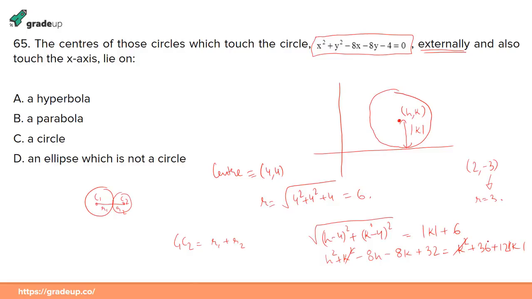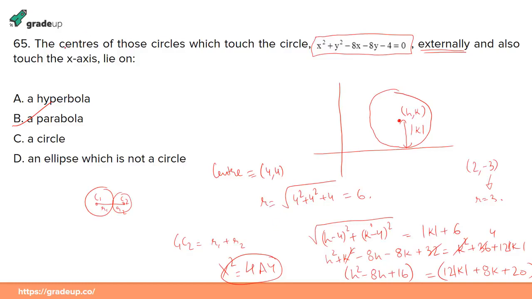Finally I will get an equation looking like this. If I complete the whole square over here by adding 16, I will get 12 times modulus k plus 8k plus 20. And you can see that this is actually an equation of the form x square equal to 4ay, which is the equation for a parabola. So the answer to this question will be a parabola.